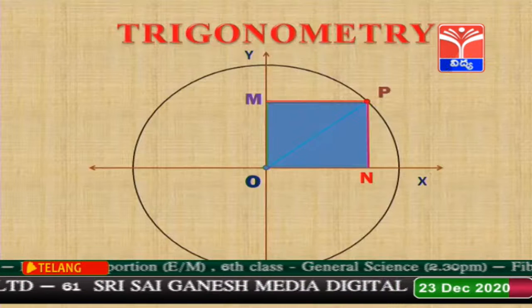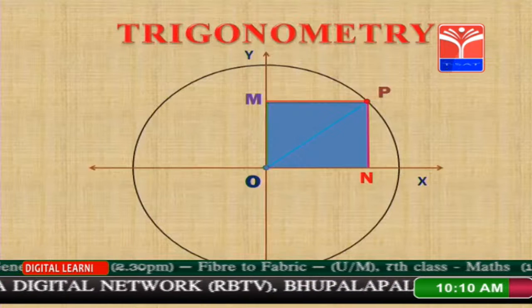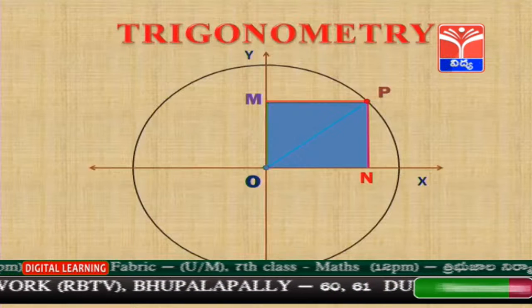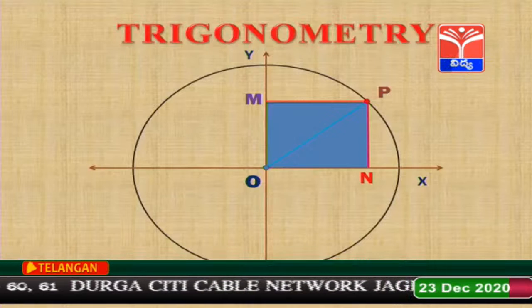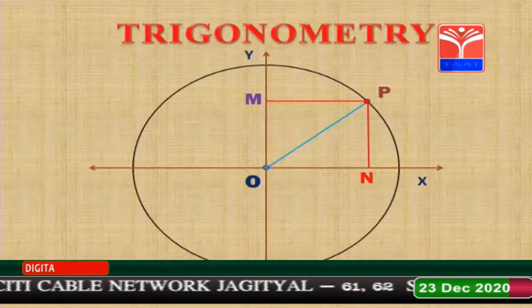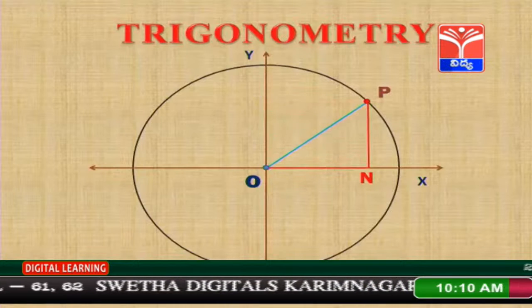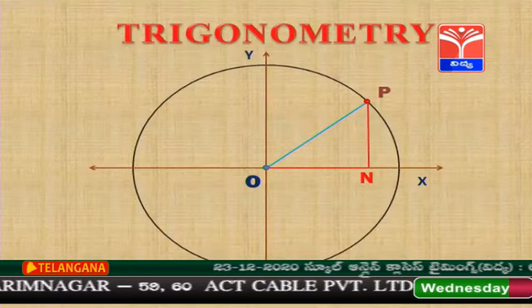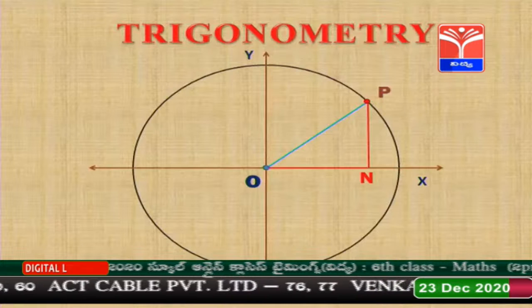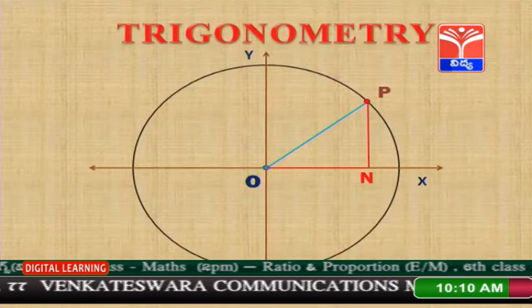OnPm is forming a perfect rectangle, so the opposite sides are equal, and now you are able to see that OP is the perfect diagonal. Now, you are able to see Pm; instead of representing it there, I am showing it on the x axis, that is the distance of point P from the y axis.